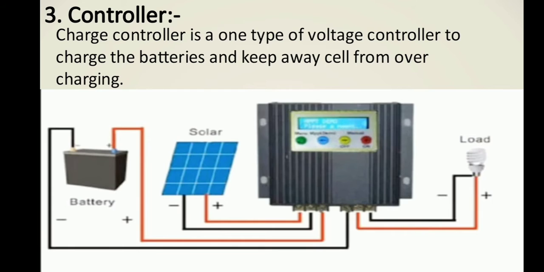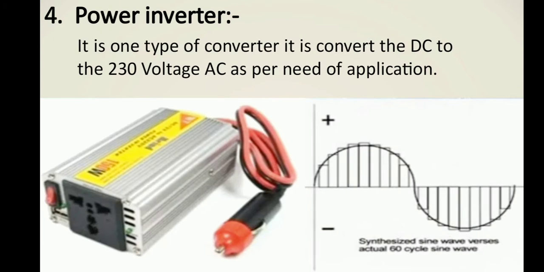Third, the controller. The charge controller is a type of voltage controller that charges the batteries and protects the cells from overcharging. Fourth, the power inverter. It is a type of converter. It converts the DC to 230 volt AC as per the need of the application.